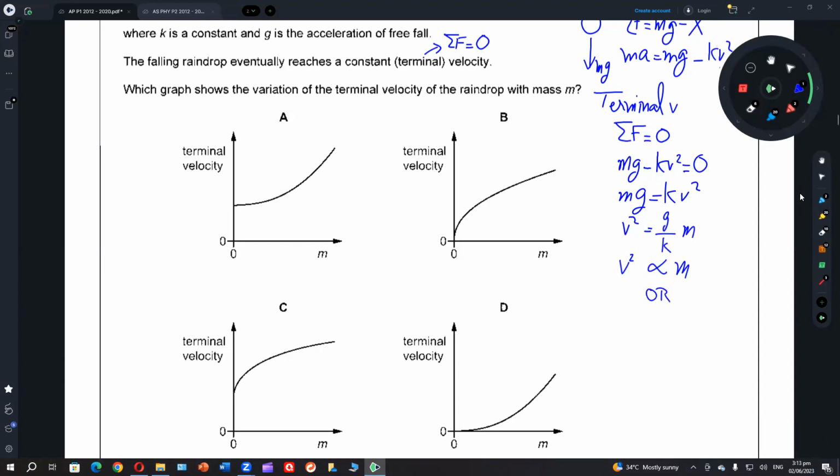So I have shown the working, and there is a square or under root function here. You can see that there is a square function being related. Now you can see which graph suits us. It can't be a straight line, and a straight line is not an option actually.